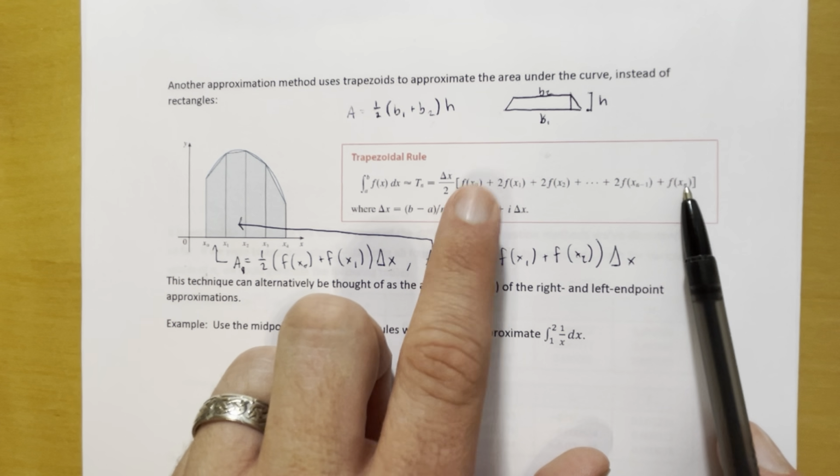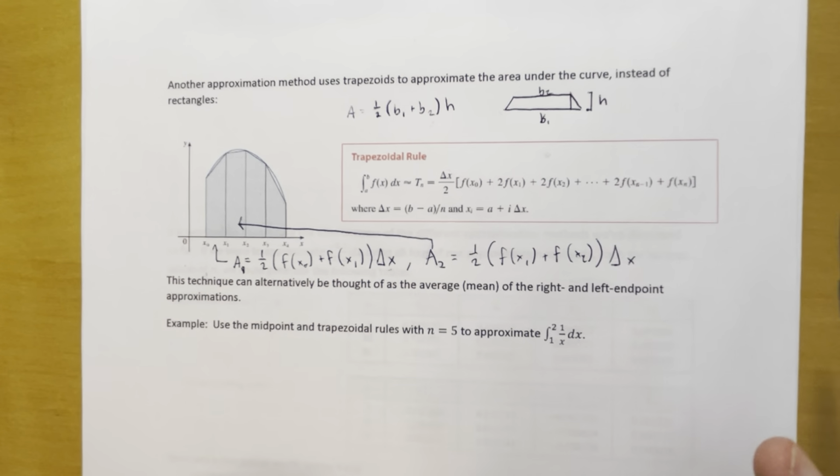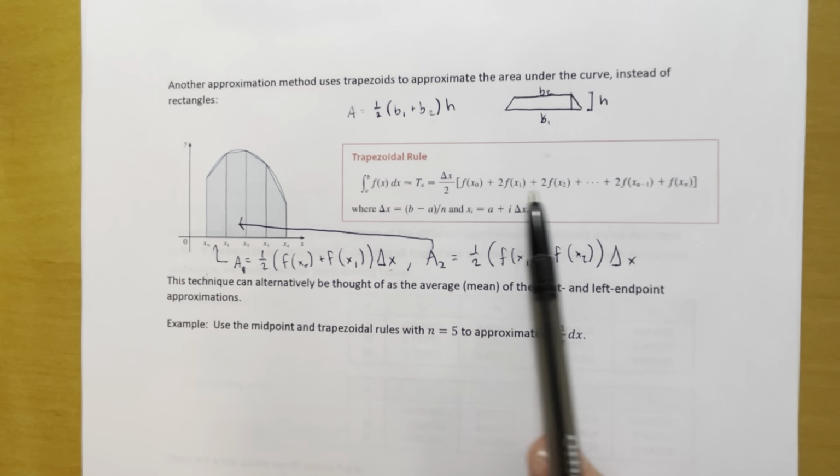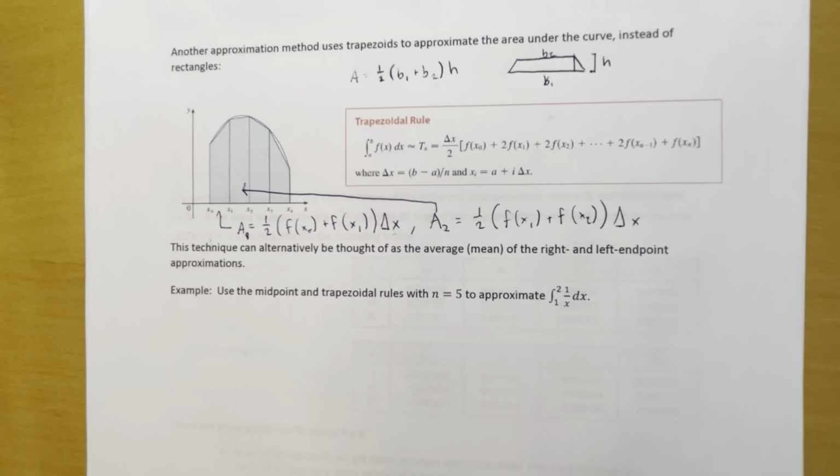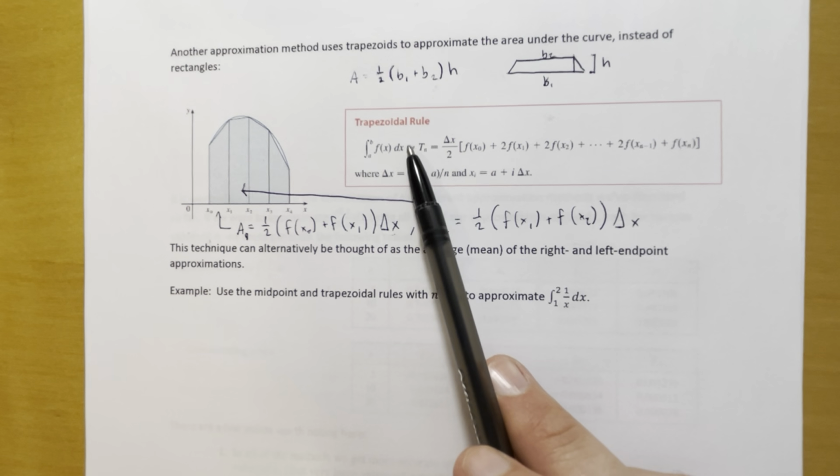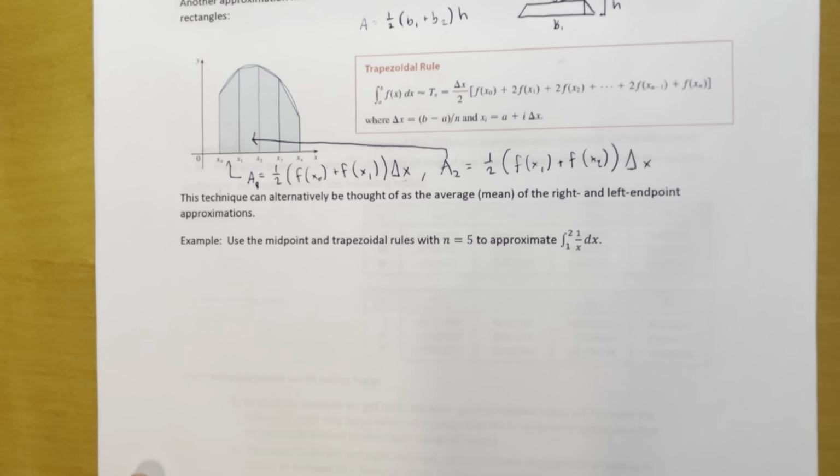But we're not going to double the leftmost and rightmost endpoints. This gives me the sum of the areas of those trapezoids, and I'm going to call that Tn, because that represents the total area of all of those. We use that as an approximation to that definite integral.